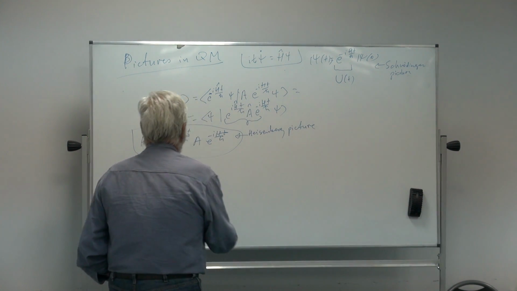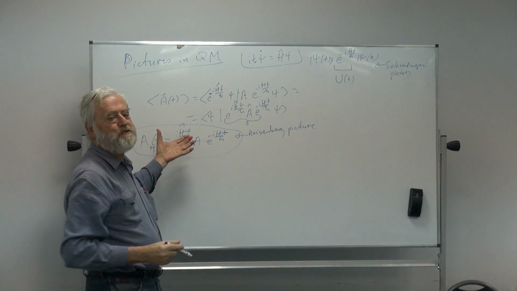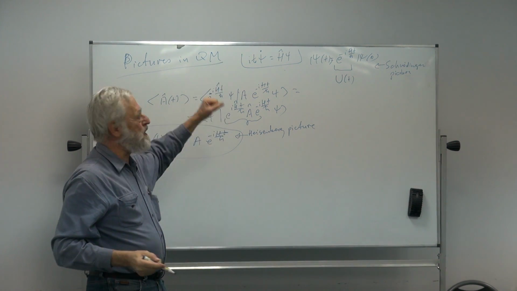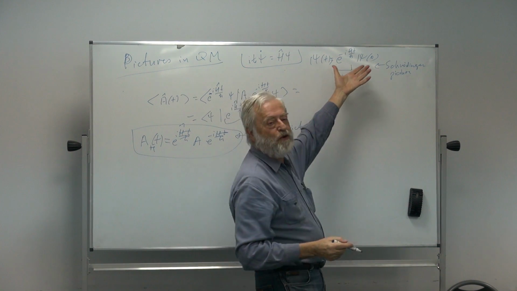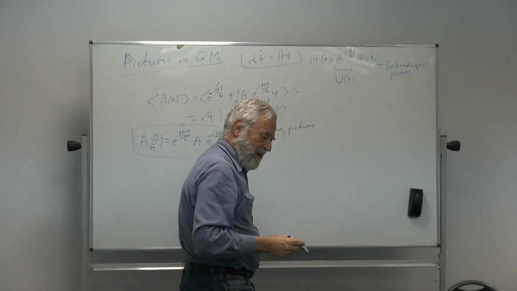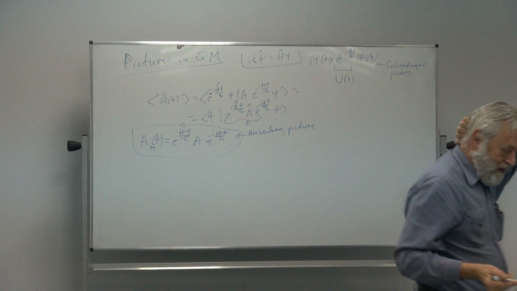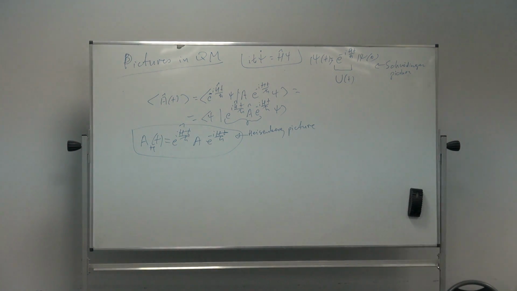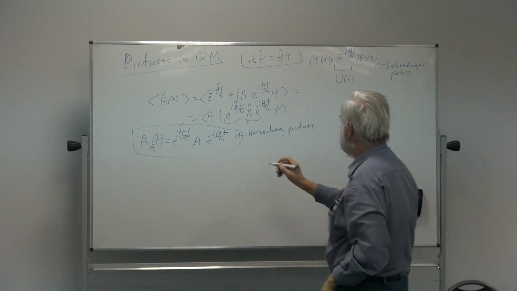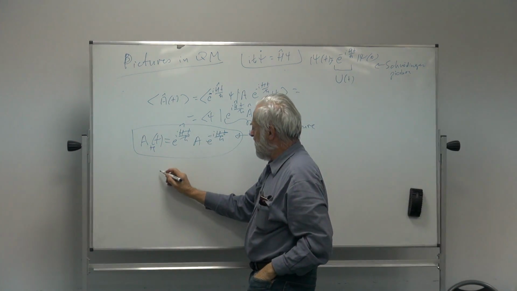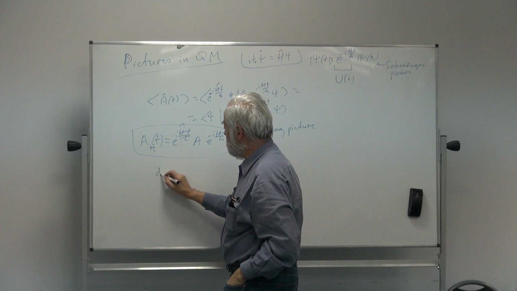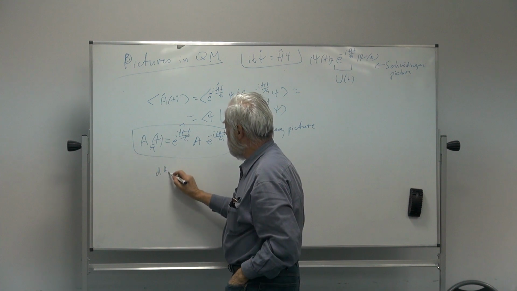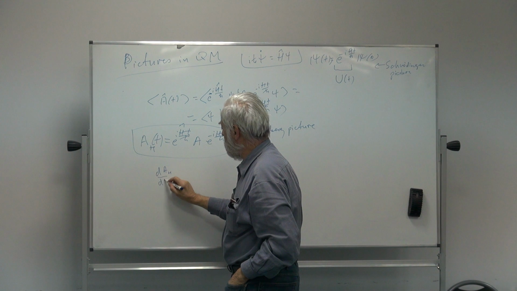Now, of course, this is some kind of formal solution for the evolution equation, very much like this is the formal solution to the Schrödinger equation. Typically, when we are solving something, we like not to deal with such a formal solution, but rather with a differential equation. And of course, it's very easy to derive out of this a differential equation, dA Heisenberg by dt.